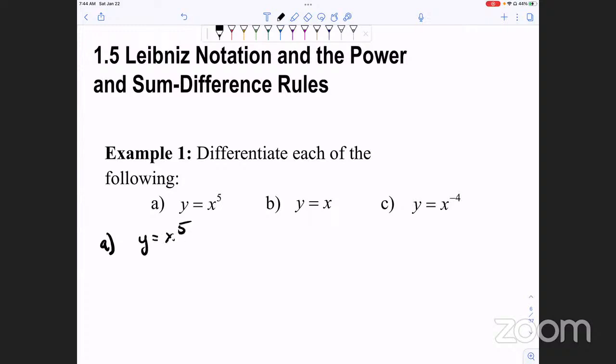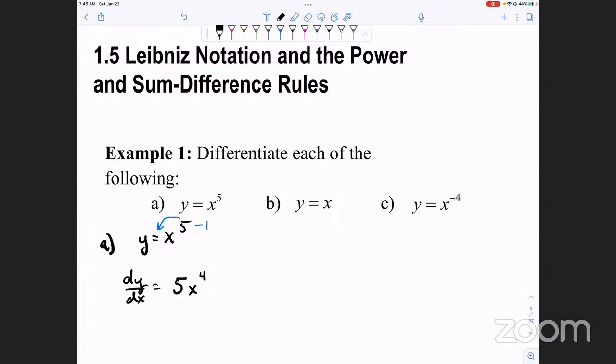The power function. So then the derivative, which we're going to call dy by dx, means the derivative of y with respect to x. The exponent comes down, and we subtract 1. Those are the two things that we're doing. So this is going to be 5 times x to the power of 4.